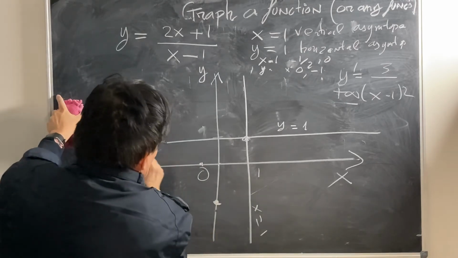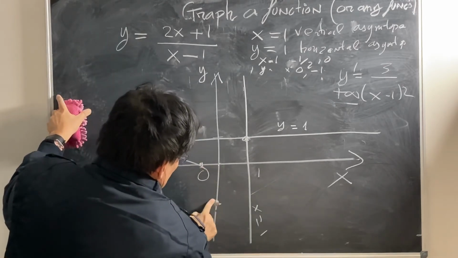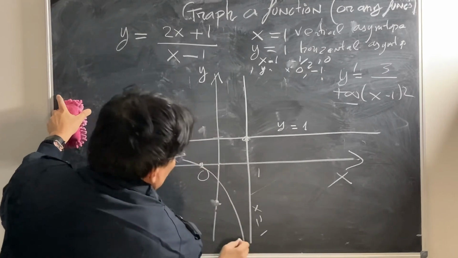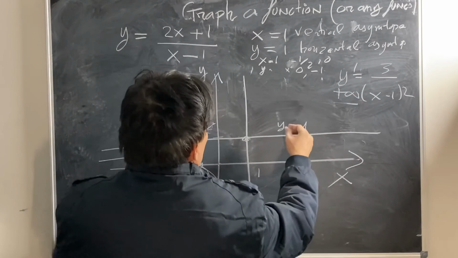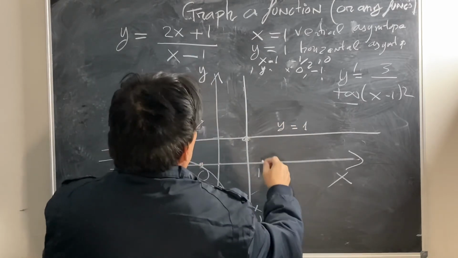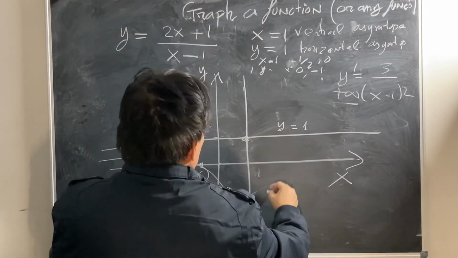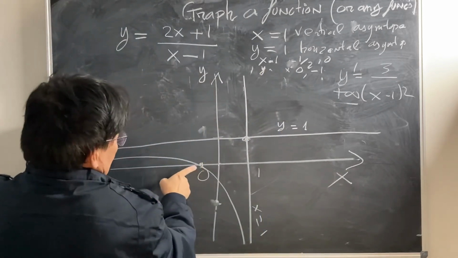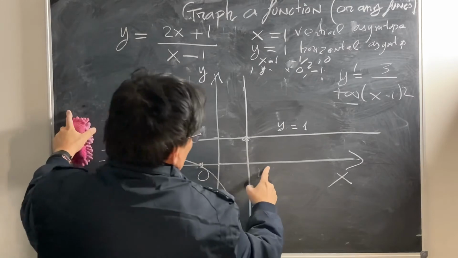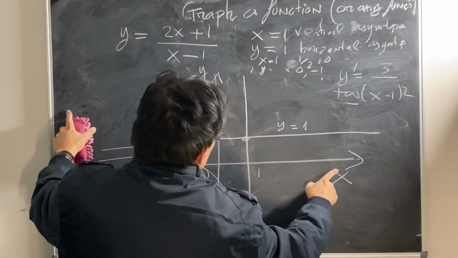So the first line goes like that, and the other side, since it only has one intercept for x and y right here, it's not crossing x here or y here.